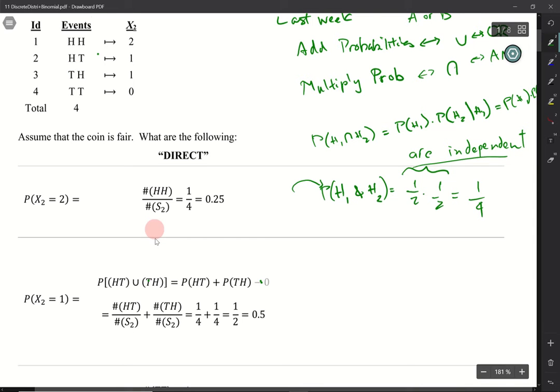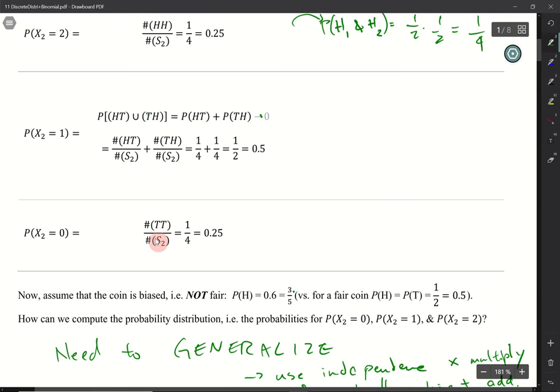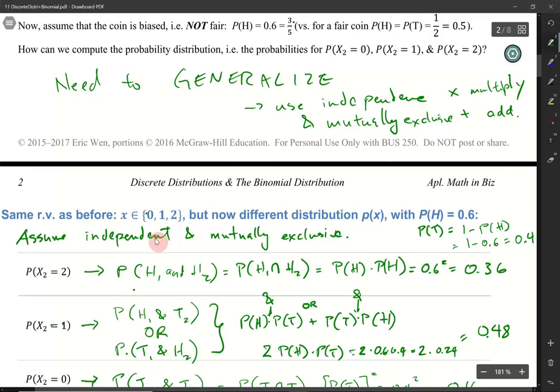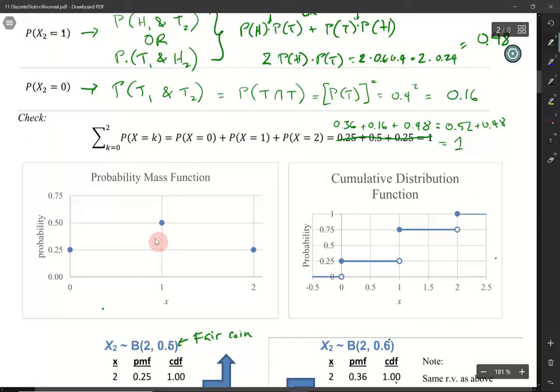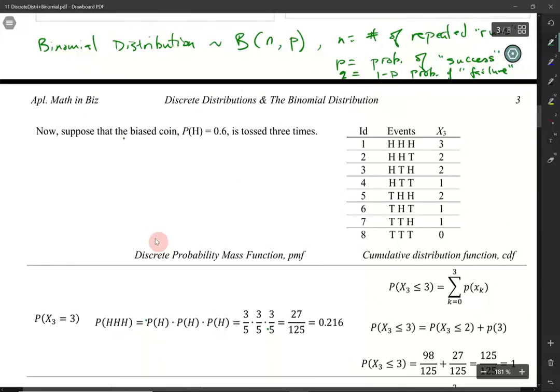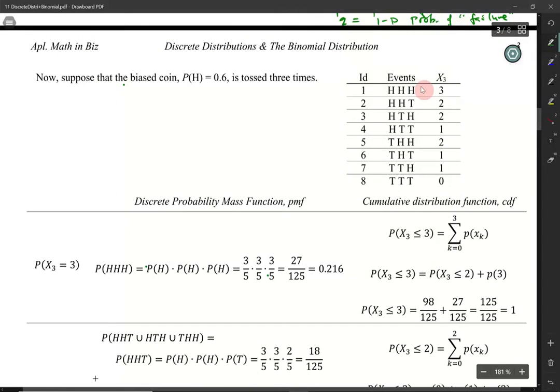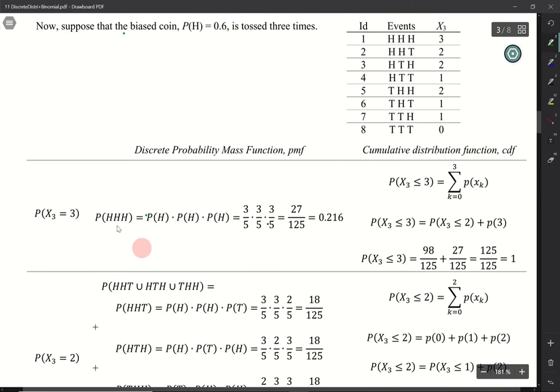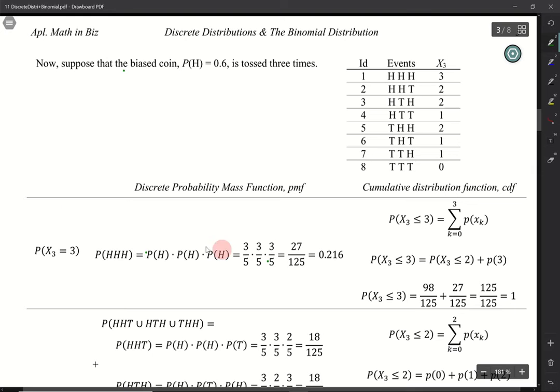If we want to go to the asymmetric probabilities, where it's not 50-50, this is where we need to understand all this stuff about independence, meaning you can multiply probabilities, and then they're mutually exclusive, so you can just add up the probabilities. Because here, for the case where there's 3 heads, there's only 1 underlying event.